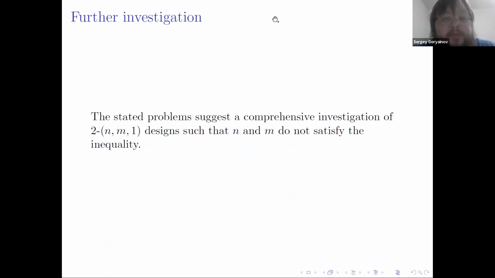The stated problem suggests a comprehensive investigation of 2-(n,m,1) designs such that n and m do not satisfy the inequality.